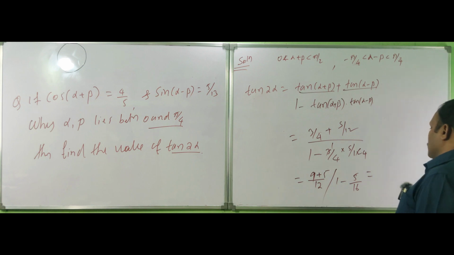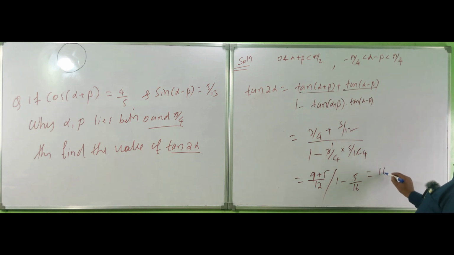This gives 14 by 12 over, okay, 16 minus 5 means 11 by 16.